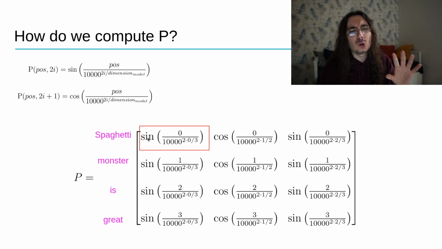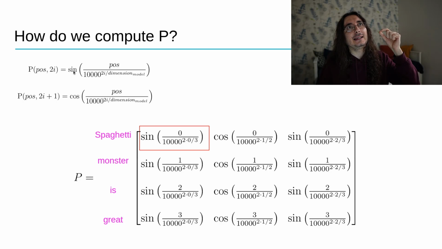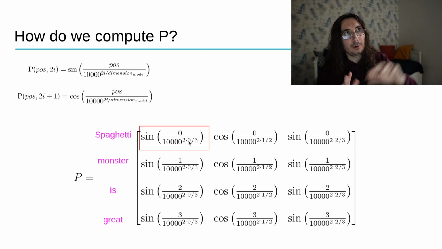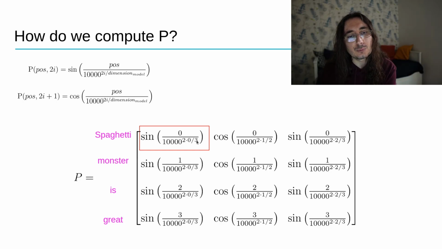Okay, so here we use the sine function because that's an even column index, and we're going to take this function, and for pos we're going to put in 0, and for i we're going to put in 0, because these are both 0 indexes for both row and column. And we're going to be dividing by 3, and that's the dimensionality of the embedding. So of course we have 3 features in the embedding.